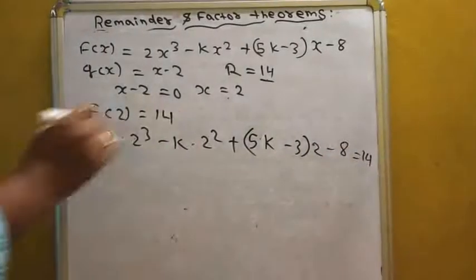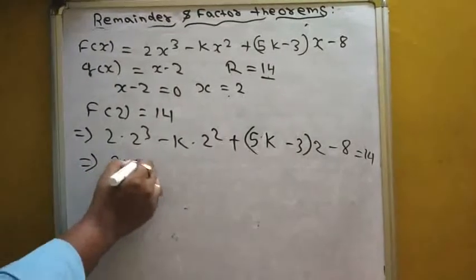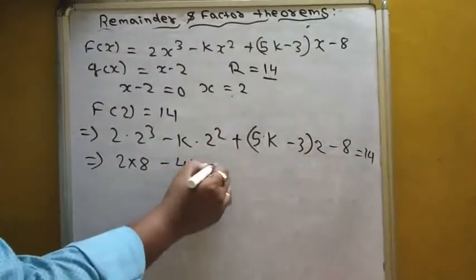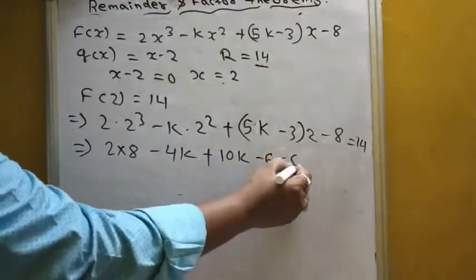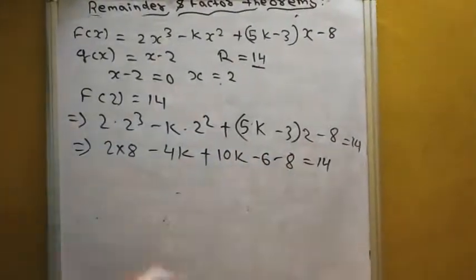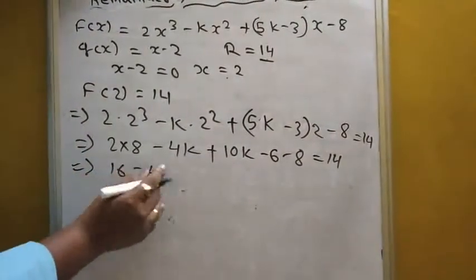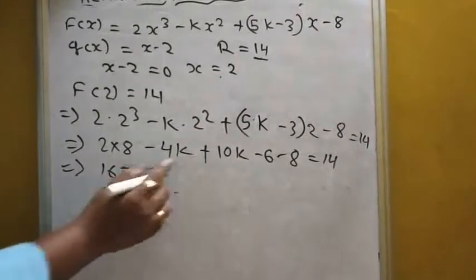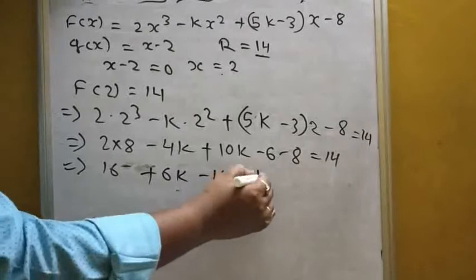14. Then you solve 2 into 2 cube. 2 cube means 2 into 8 minus 4k plus 2 5s how much? 10k minus 6 minus 8 equals 14. Okay. So 2 8s is equal to how much? 16 minus 4k plus 10k equals how much? Plus 6k minus 14 equals 14.